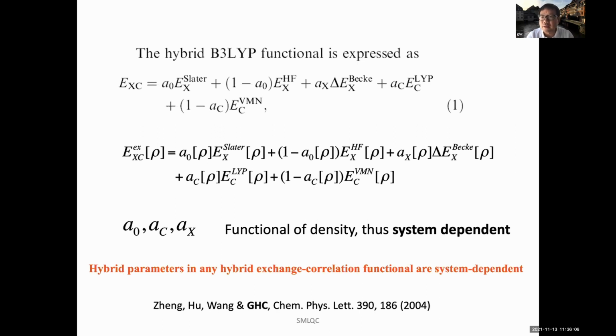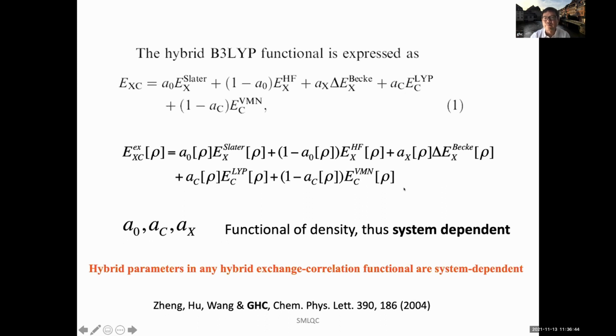But let's imagine we want to express this universal functional, now exact, borrowing the B3LYP form. What would it be? It's very simple. A0, AX, and AC are fixed numbers, but in fact, if it is exact, they should be functionals. So A0 becomes A0 as a functional of the electron density rho(r), and AX and AC as well.